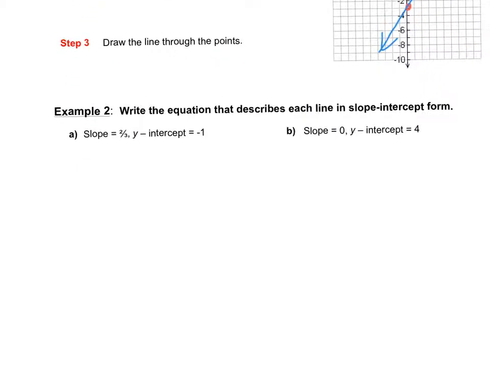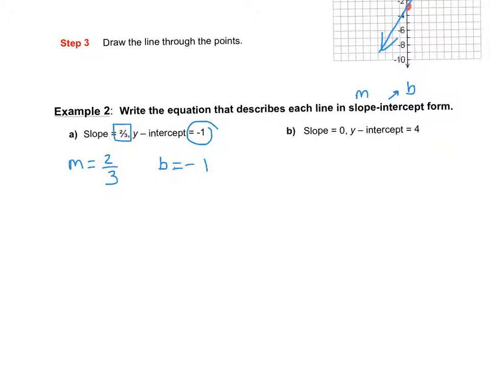When you're given things such as the slope and the y-intercept, and they ask you to write an equation in slope-intercept form, think of slope, think of the letter m. Intercept, think of y-intercept, think of the letter b. So if they give you the slope, that means that this is what the m is equal to. And they give you the y-intercept as negative 1, that means b is negative 1. Don't overthink it.